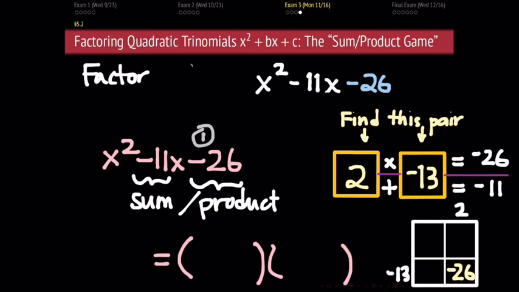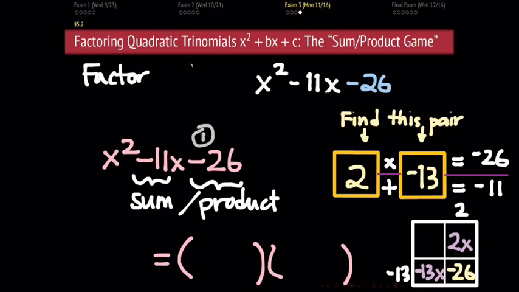And so that means that probably the reason it's playing this role is that the expression negative 11x came from adding 2x and negative 13x, if we're using this little grid to keep track of things. I think we can agree that if we add 2x and negative 13x, because those are like terms, their sum is the sum of their coefficients, negative 11, multiplied by the same variable factor, which is x.